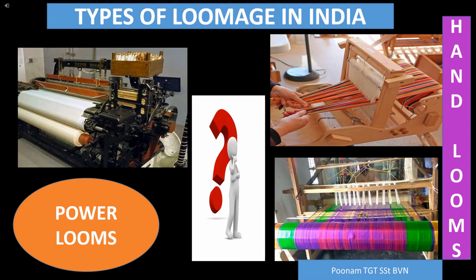In India, we have two types of loomage. The first one is the handlooms and the second one is the power looms. It is important for our country to keep the mill sector loomage lower than the power loom and handloom. This is because of the following reasons. The first point is that it will lead to the development of cottage industries.